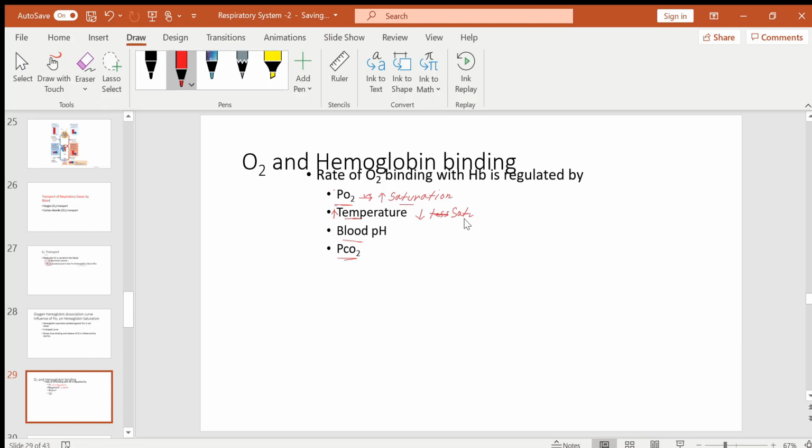If pH is low, the saturation will be less. If carbon dioxide pressure is high, then the saturation will be less.